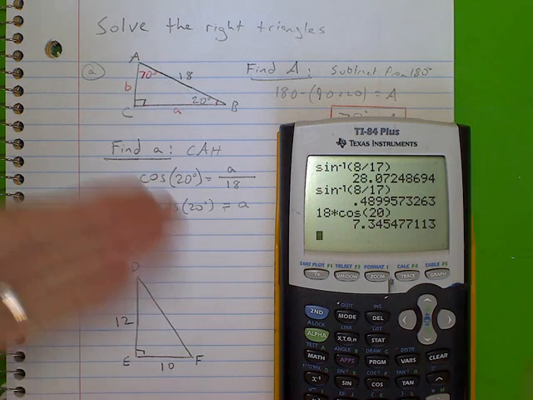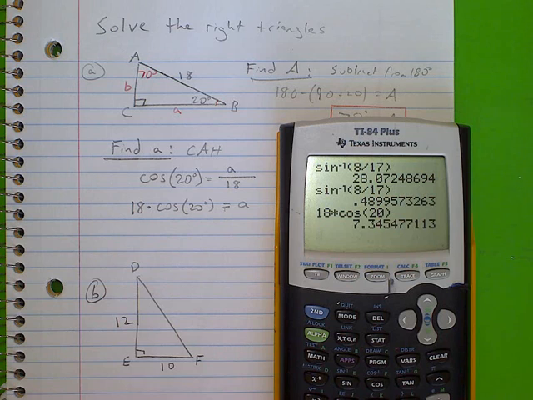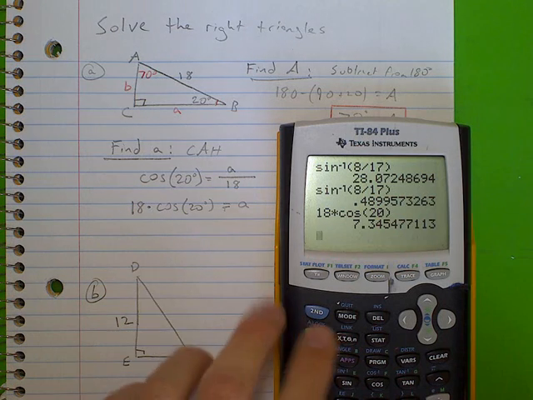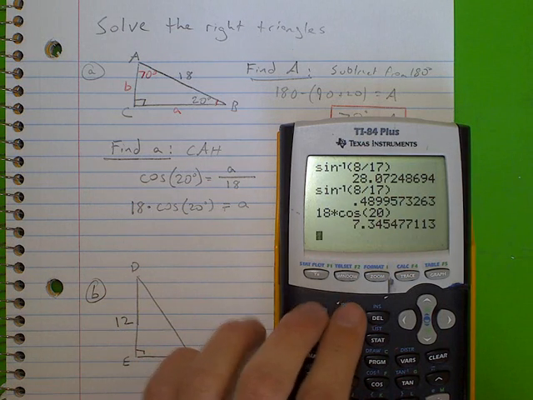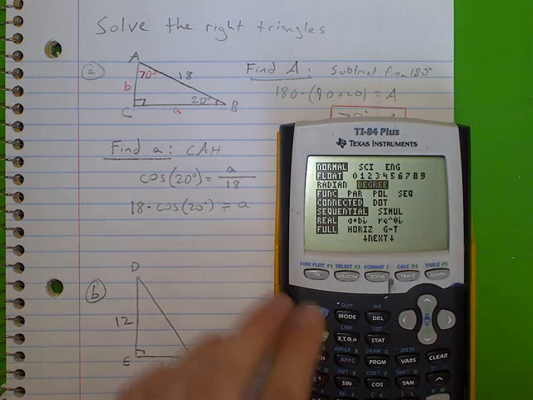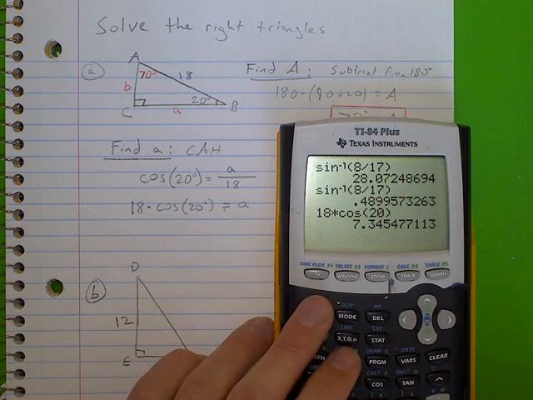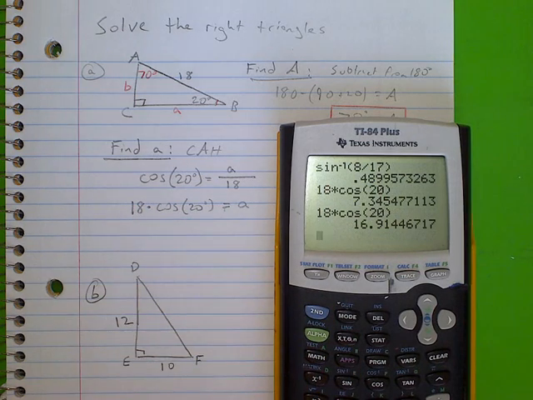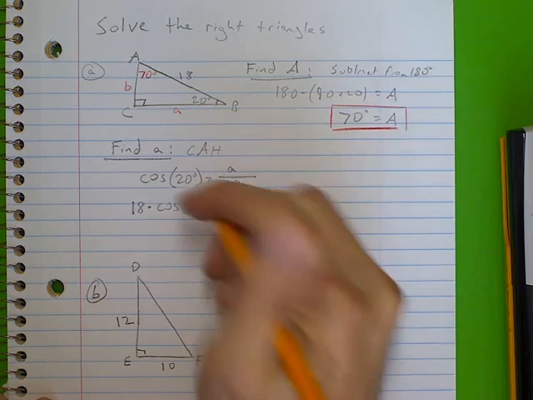So this answer can't be right. So look at your answer. Make sure it actually makes sense. This one does not. So if I put it in degree mode and type in the same thing, I get a more reasonable answer, 16.9. So that's what I'll put down.